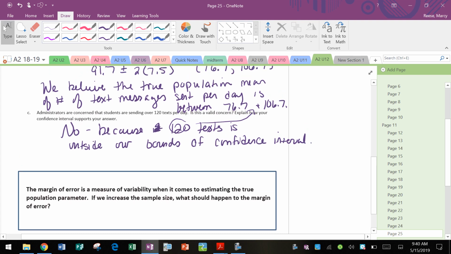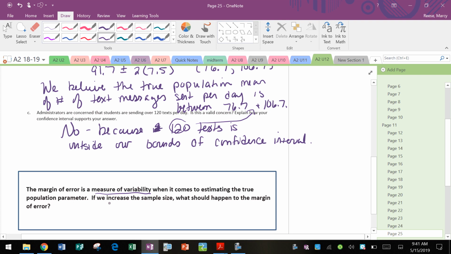Okay. One more thing to know. You guys hopefully got all that. It's not hard math. It's just understanding that you're looking for a range of plausible values with confidence. One more thing that's key. The margin of error is a measure of variability when it comes to estimating the true population. If we increase the sample size, what should happen to the margin of error?